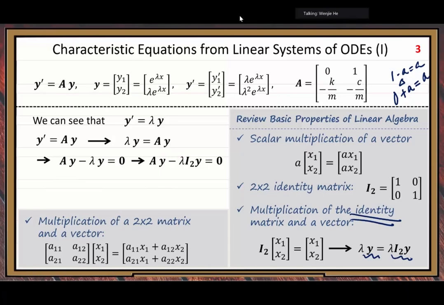So why more friendly? Now we can do the factorization. Factor y out. Inside is A minus lambda times I2. Okay? Because some students, if you are not familiar with linear algebra, when they do factorization directly, if you ignore this I2, that is wrong.